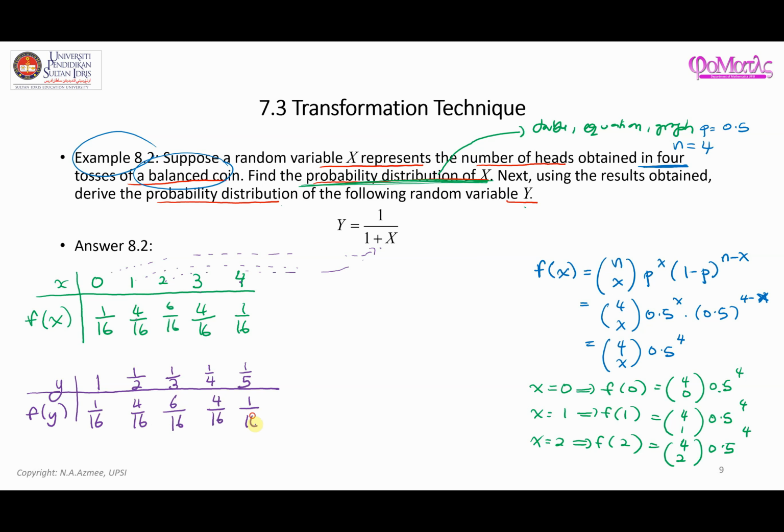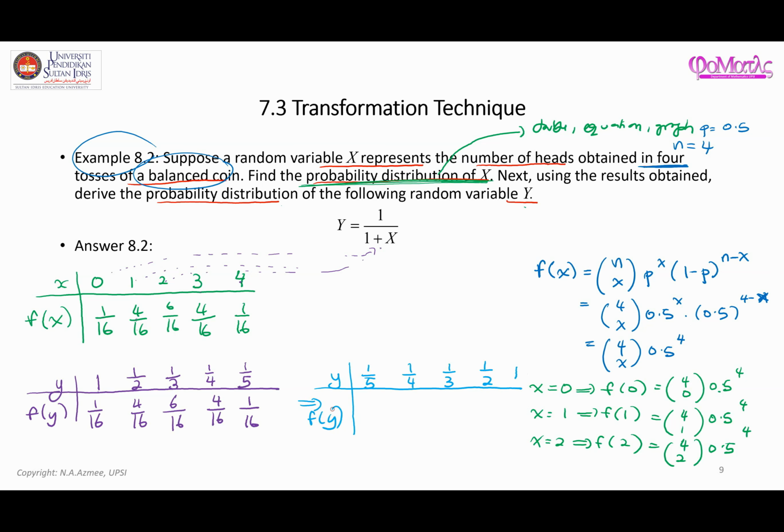Okay, there you go. And maybe we can make it look nicer if you arrange it in terms of ascending order. So arrange these values of y in terms of ascending order. So that's what I'm going to do next. It's going to start with the smallest one, 1 over 5, 1 over 4, 1 over 3, 1 over 2, and 1.